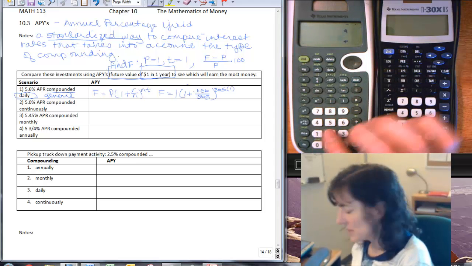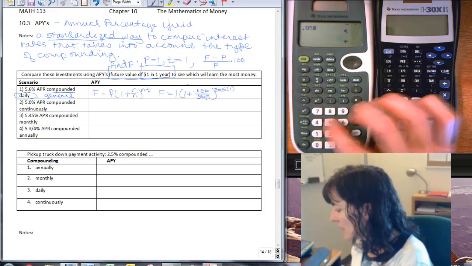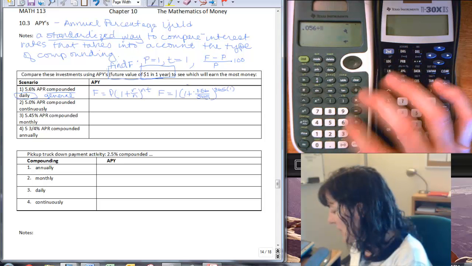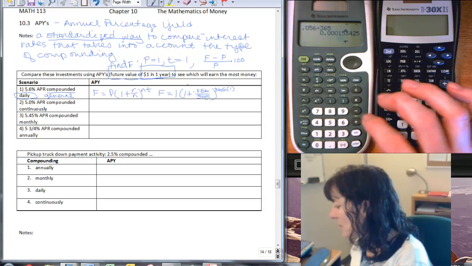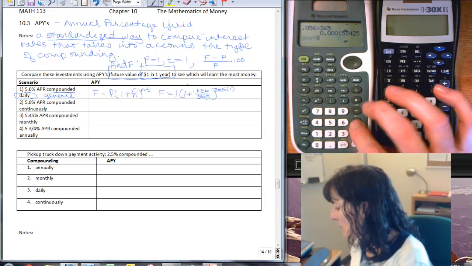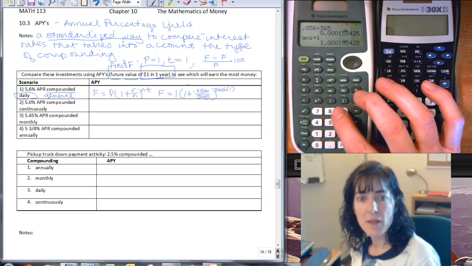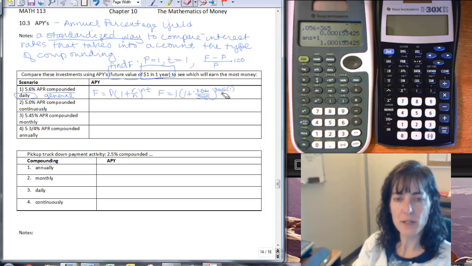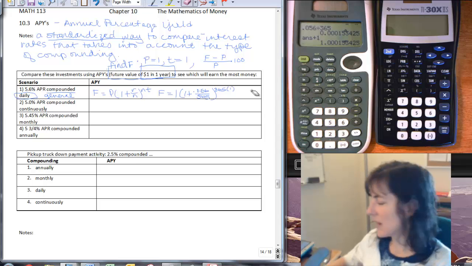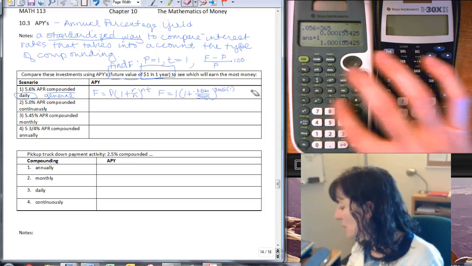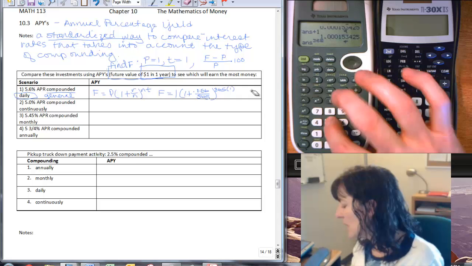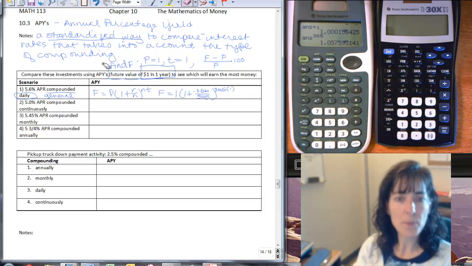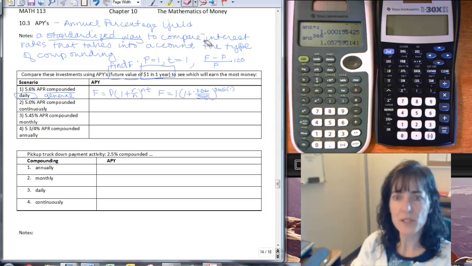So I will take the 0.056 divided by 365 plus 1, and that gets me this part here in the parentheses. And then I need to raise it to the 365 power, equals, and then times 1, which isn't going to change my value at all. So this is my F.